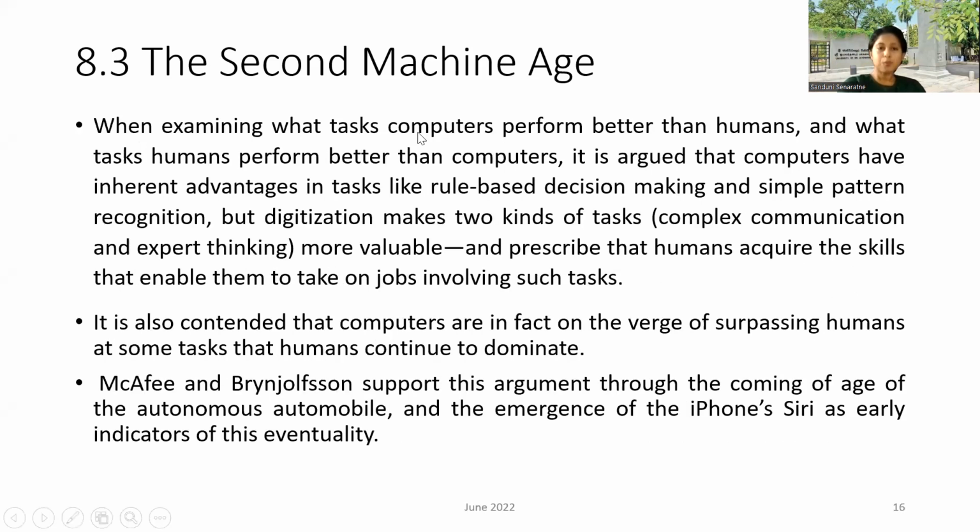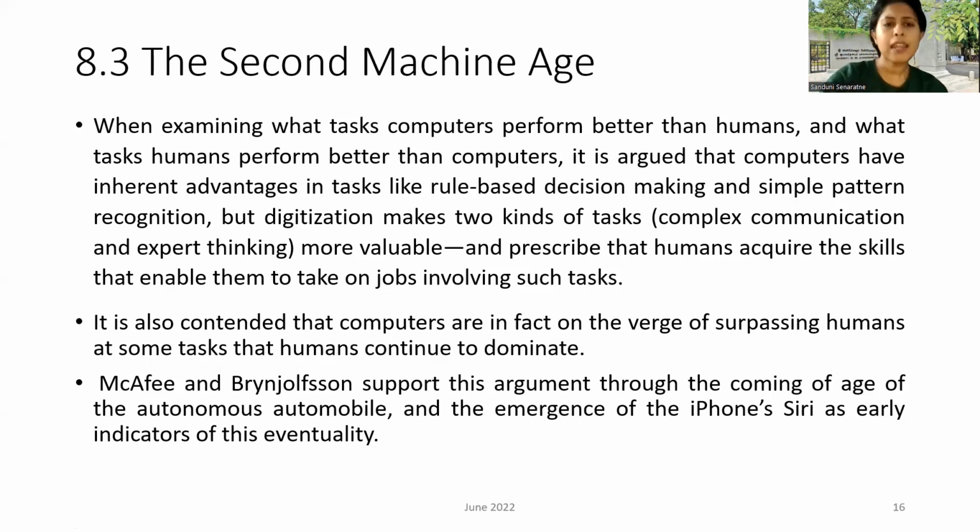So moving ahead, when examining what tasks computers perform better than humans and what tasks humans perform better than computers. Now, this is a question that we need to answer, right? So we say that some jobs can be replaced by machines, but some jobs will stay and some new jobs will emerge at the same time, right?